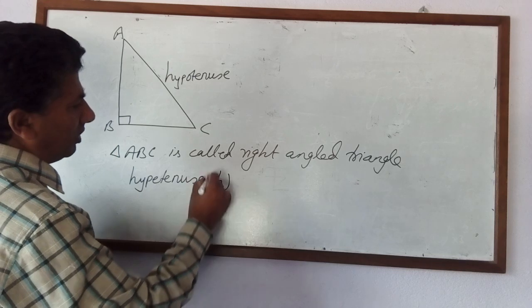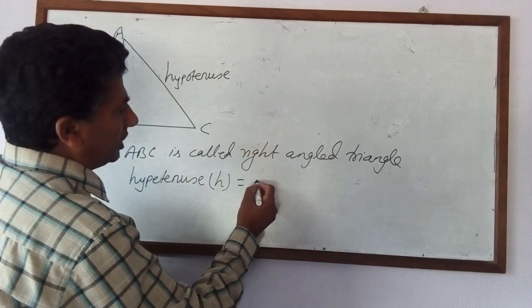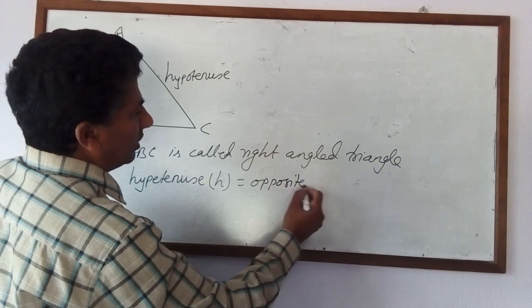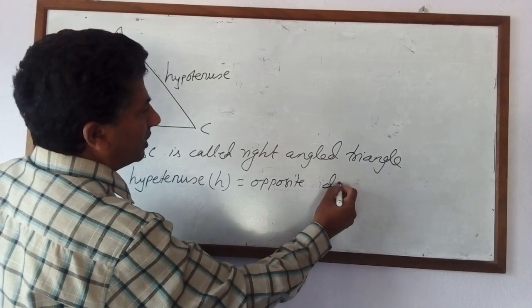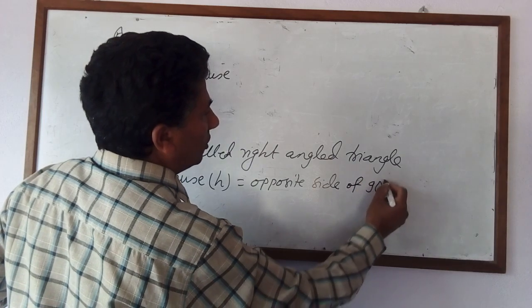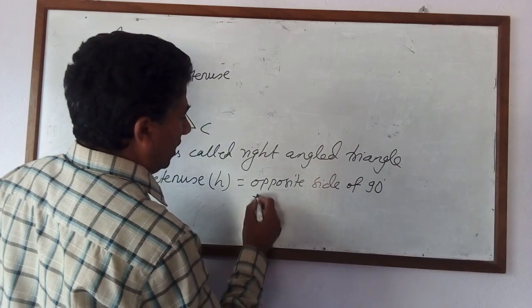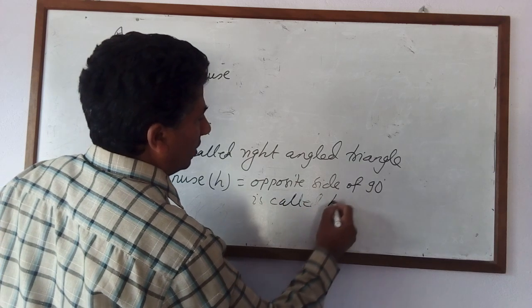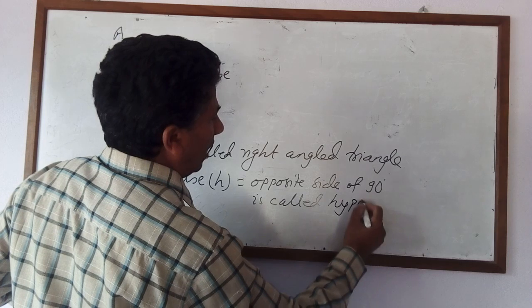This is the opposite side of 90 degree. Opposite side of 90 degree is called hypotenuse.